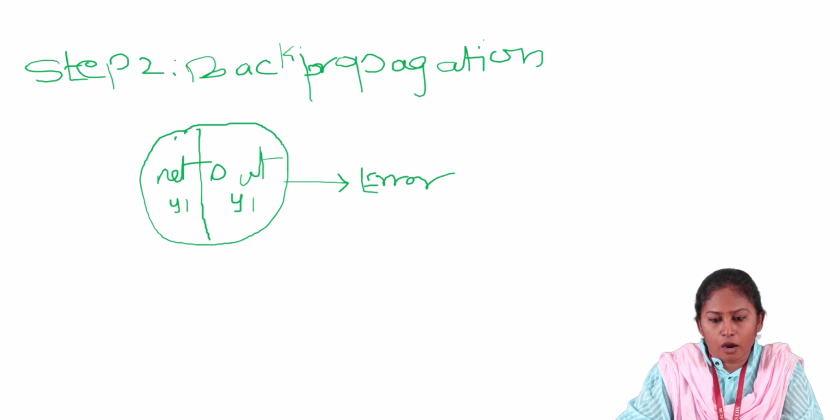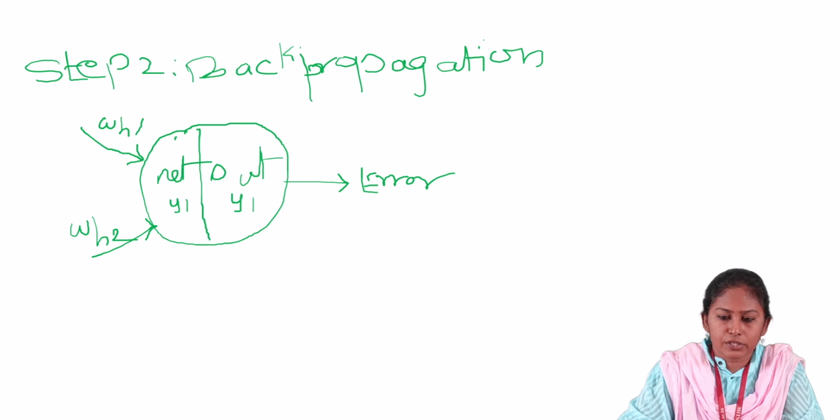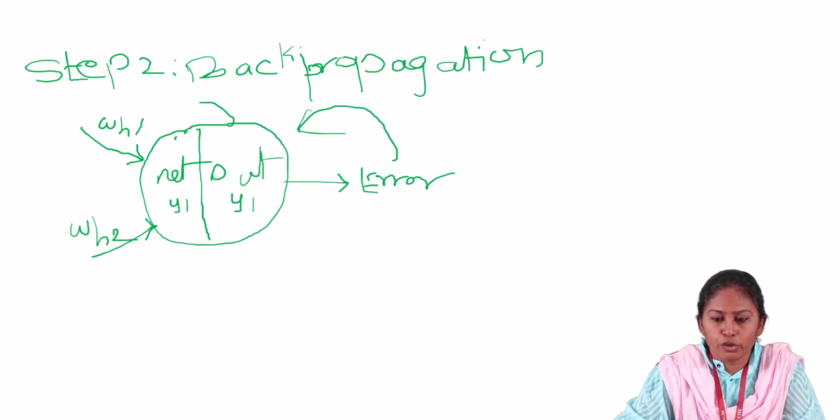How did I get these outputs? Directly, WH1 and WH2 are involved in this. Now, when I am trying to backpropagate, I have to start from the output, then hidden, and then move to the input. So I have to start like this: error to out H1, then from out H1 to net H1, then from net H1 to WH1.